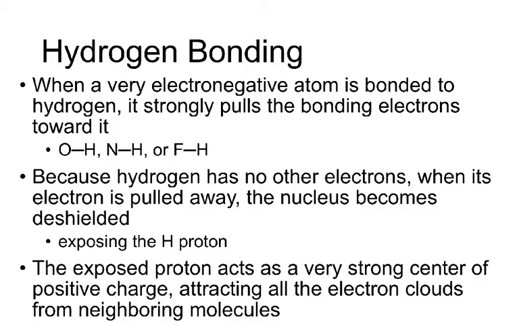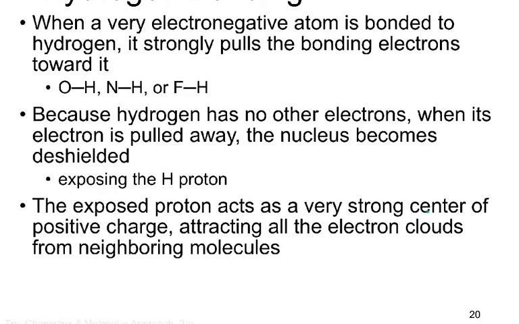Our last category of molecule is hydrogen bonding. When we have a very electronegative atom bonded to hydrogen, it's going to pull the bonding electrons towards it. So the ones you want to look out for are an OH, an NH, and occasionally an FH bond.